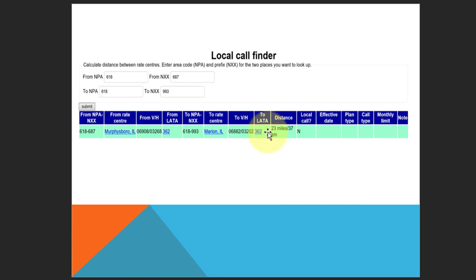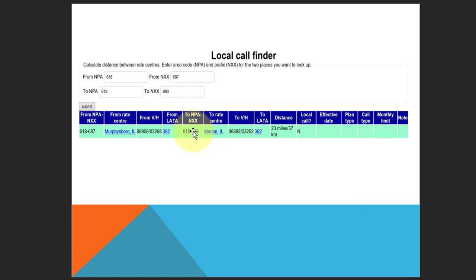So if you're looking at this page, trying to determine what kind of call this is, if you see that these are different numbers, that means they're different LATAs, which would mean the call is crossing LATA lines, which would be a long distance call. But if it shows 362 and it's the same LATA, that means it is either a local call or a local long distance call.